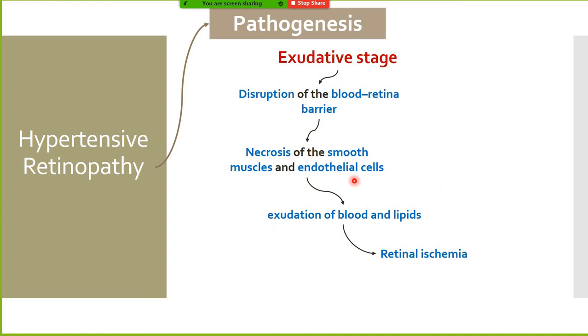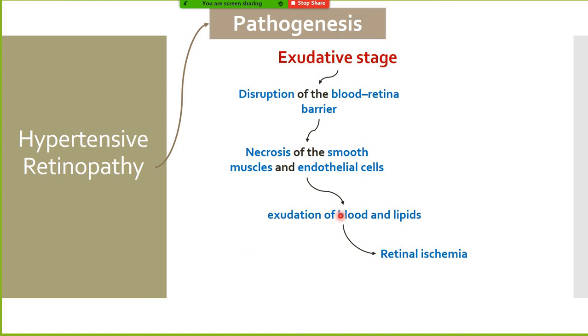So when there is necrosis, there will be exudation of blood and lipids, same as we had discussed in diabetic retinopathy. Whenever there is a leakage of blood, or when it is not going to be supplied, there will be ischemia, which is going to further lead to other changes caused by hypoxia.